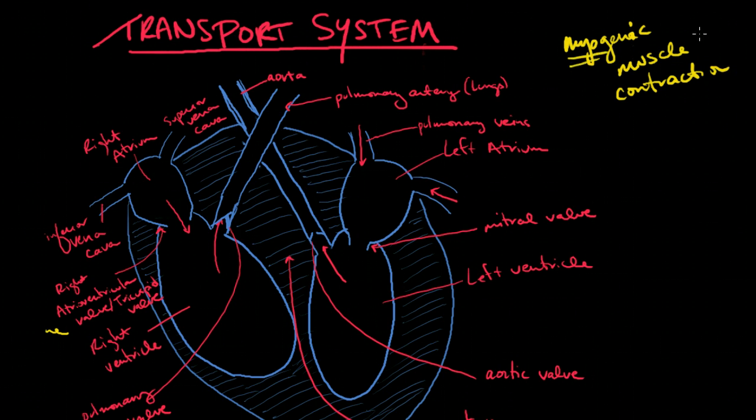Myogenic refers to muscle and the heart, and so what we're talking about here is the heart's contractions, and it contracts by itself. But there's a pacemaker that initiates the contractions, and that exists here in the right atrium.